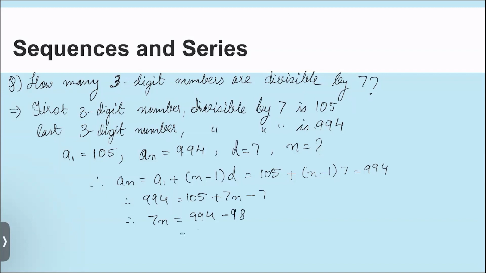So this is 896 for 7n. So therefore, n is 896 divided by 7, so that is 128. Okay, so there are 128 numbers starting from 105 up to 994 which are divisible by 7. So there are 128 three-digit numbers which are divisible by 7.